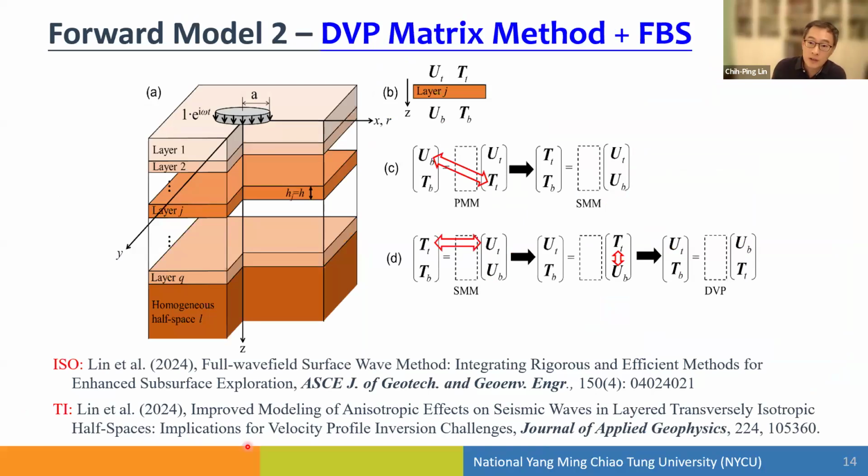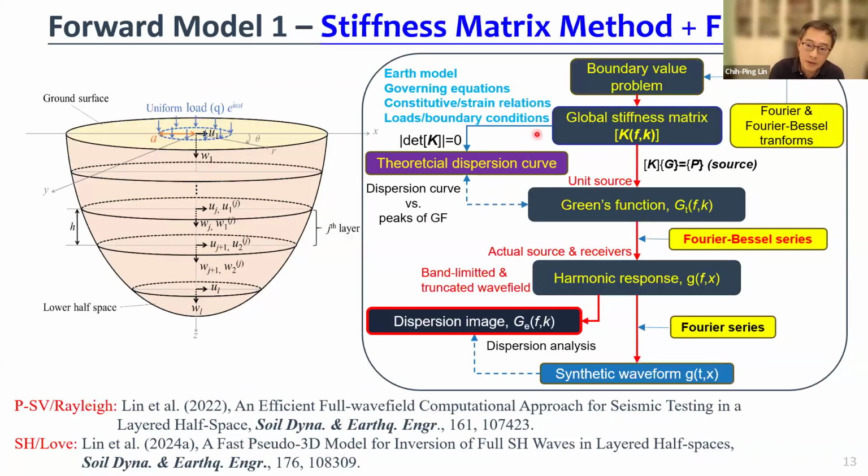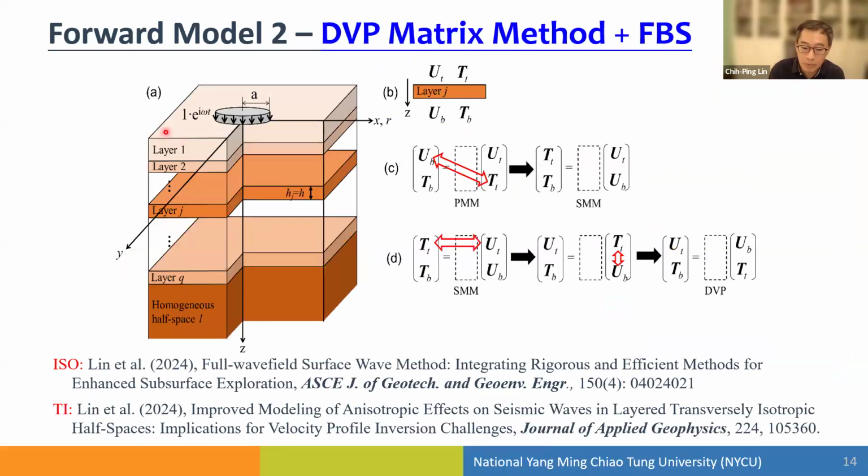The stiffness matrix method works very well and is mostly quite stable, but there are certain conditions, like very thick layers, where it might become unstable. So there are many propagation matrix methods. A stiffness matrix relates traction and displacement at the top and bottom of each layer.